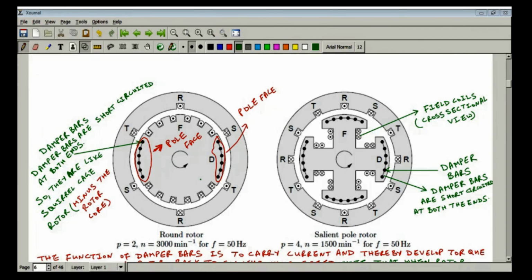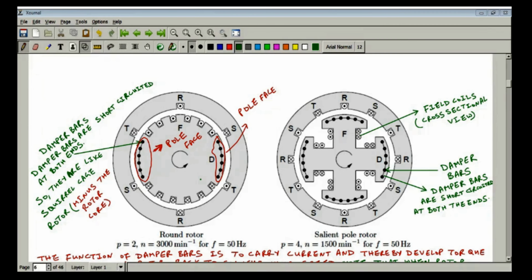If it is being operated in generating mode, obviously there will be a prime mover that can make the rotor rotate. So there is no problem of self-starting, because the rotor will be driven by the prime mover.